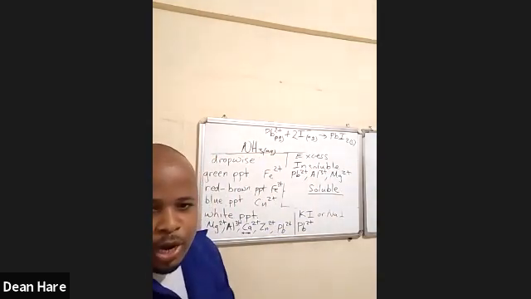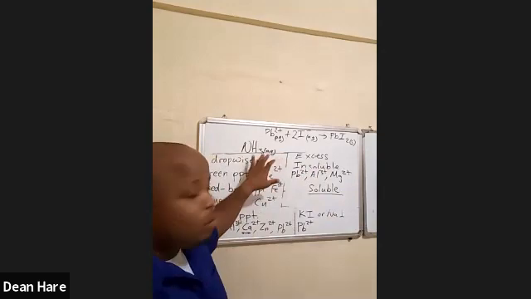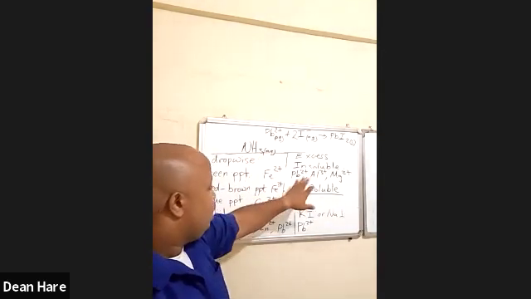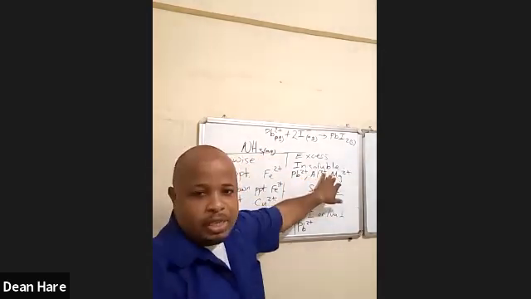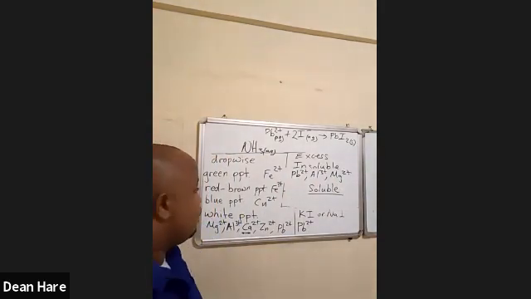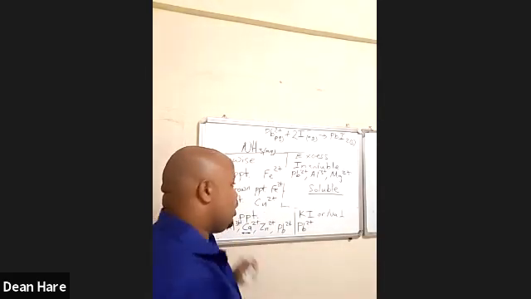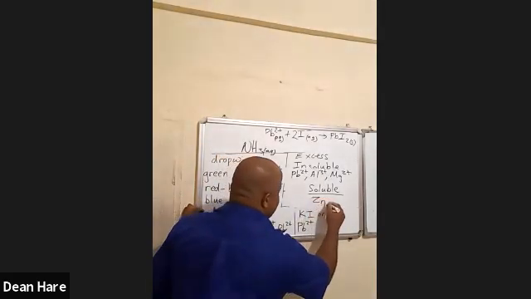So if you get a white precipitate that is insoluble in ammonia, lead, aluminum, or magnesium is present. Now, if it is soluble, the only one that is soluble in ammonia is zinc.